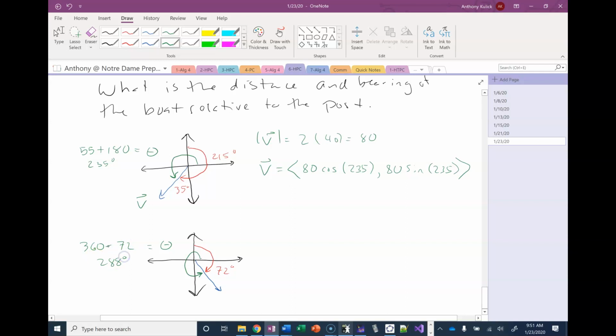So 288. And if I call this vector u, the magnitude of u would be 3 times 55. So with the magnitude and direction, then I can write the vector in component form. Everybody okay there?